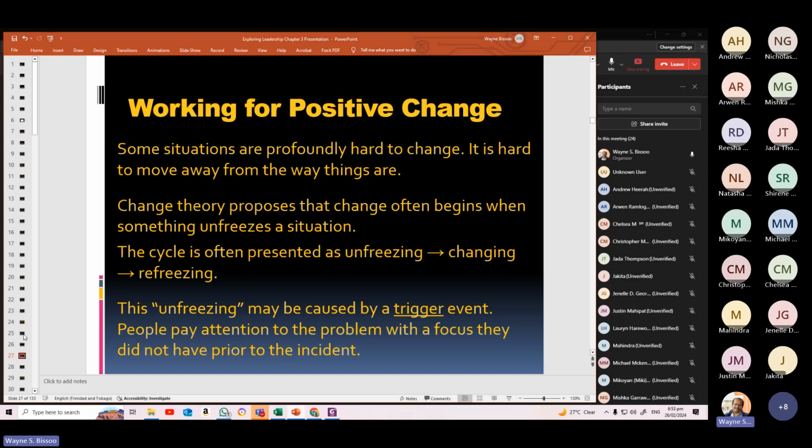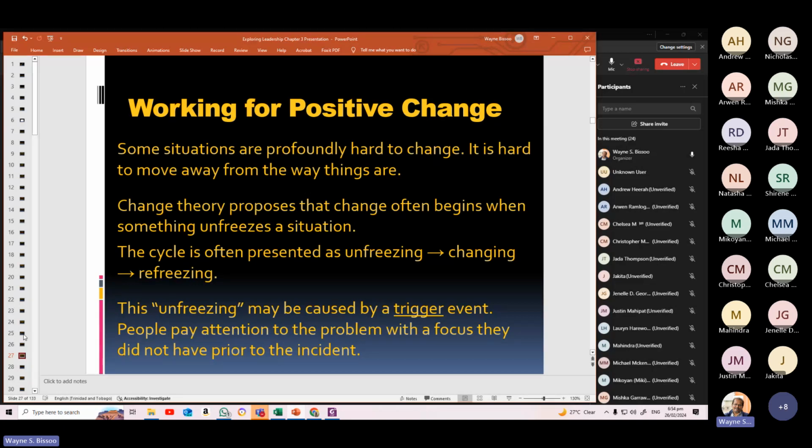Now, change theory is where we come in to deal with this. One of the hardest things in any organization is to make change. And the process of making change is usually a very painful and difficult process. Now, why is that? Change is not easy to make because we have grown accustomed to doing things in a particular way.